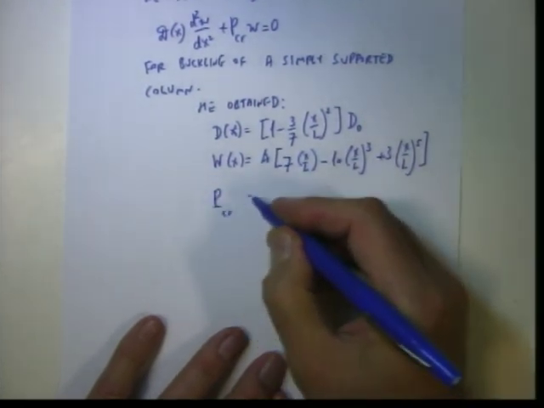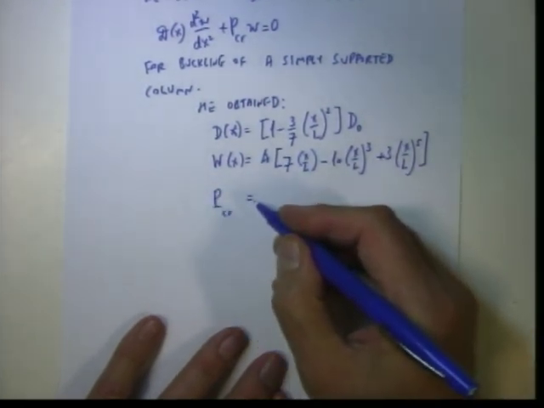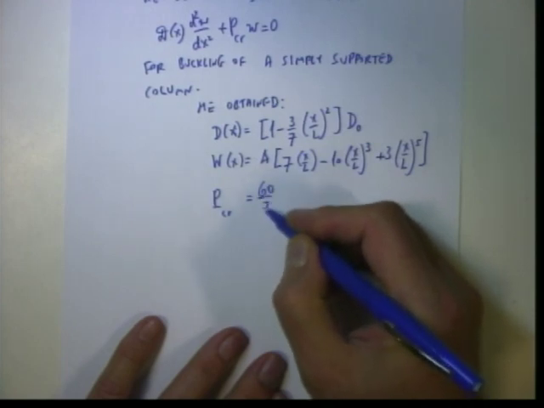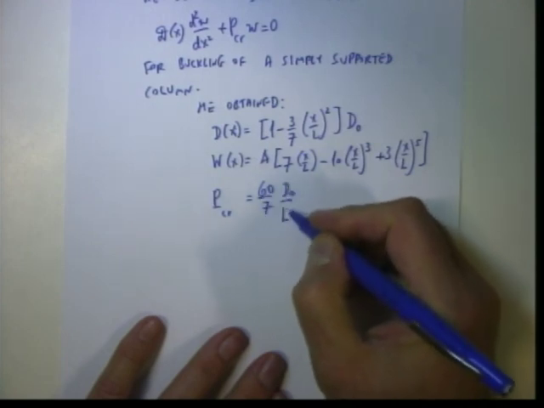And P critical equals 60 over 7 D sub O over L squared.